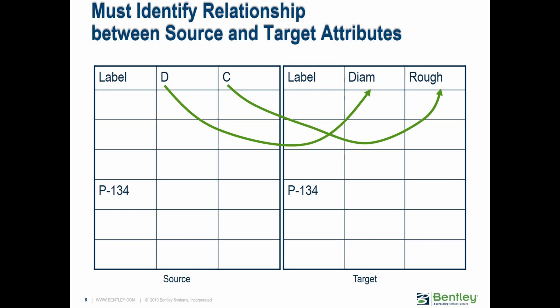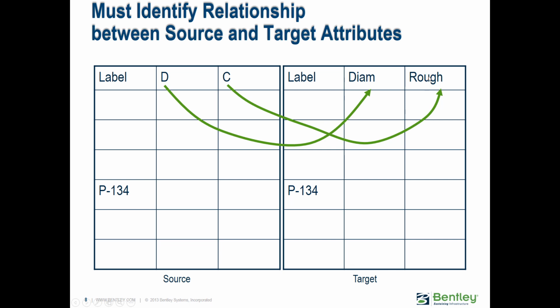And this is just another example of, on the left is your data source, and on the right is the model. So you're choosing, okay, so maybe there's a spreadsheet where you have a column that's called D, and that's diameter. You have to map those between the data source and the model. So that's another step of the model builder process, where you say, okay, this column called D, I'm mapping that to Hammer's diameter field, and the column called C, I'm mapping that to the Hazen-Williams C coefficient field.